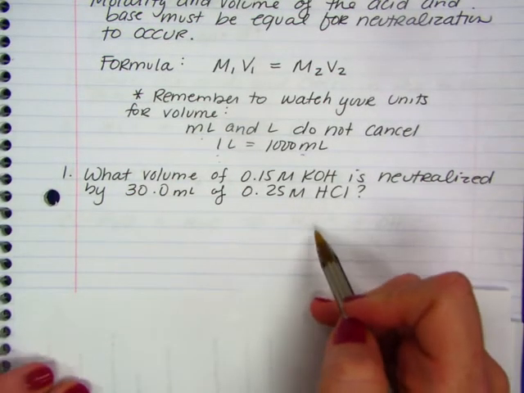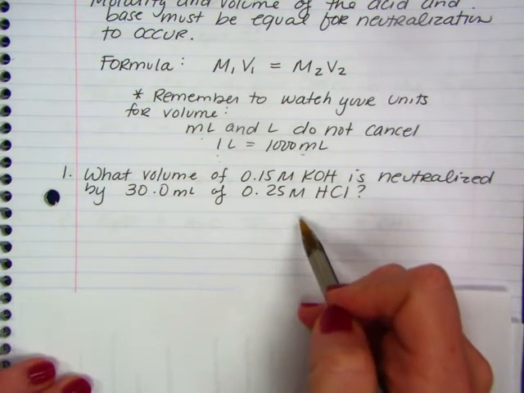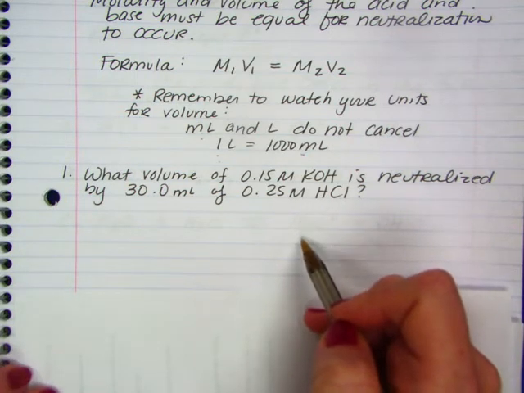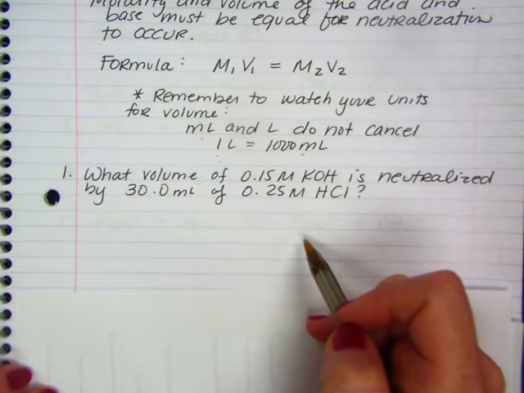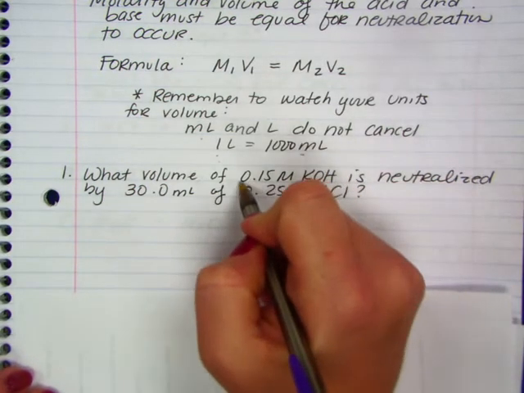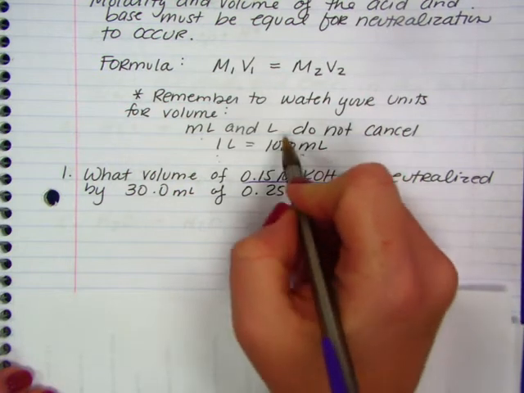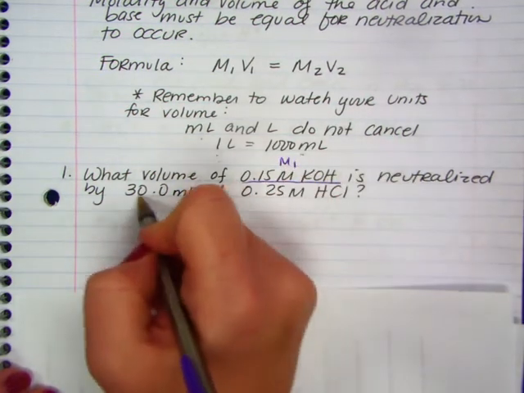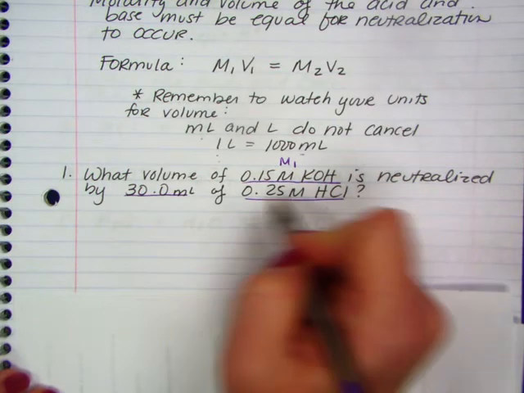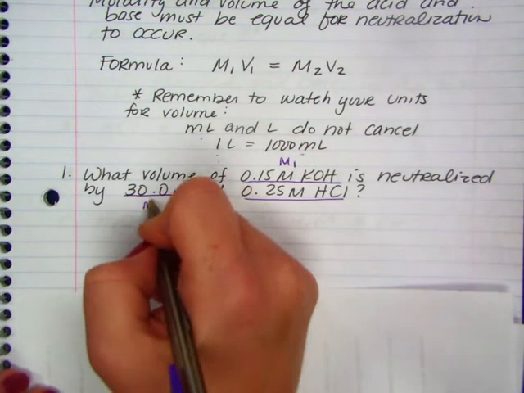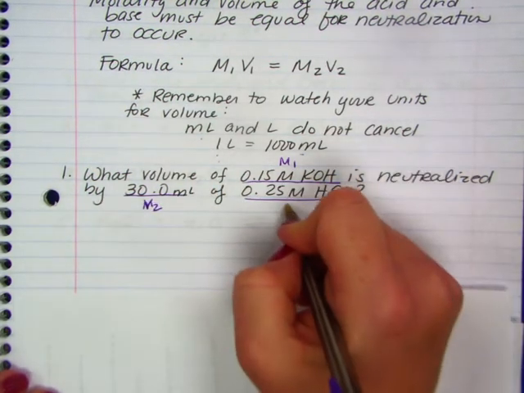So what volume of 0.15 molar potassium hydroxide is neutralized by 30.0 milliliters of 0.25 molar hydrochloric acid? So this is my base, and this is its M1. This is my acid. This is my V2, and this is my M2.